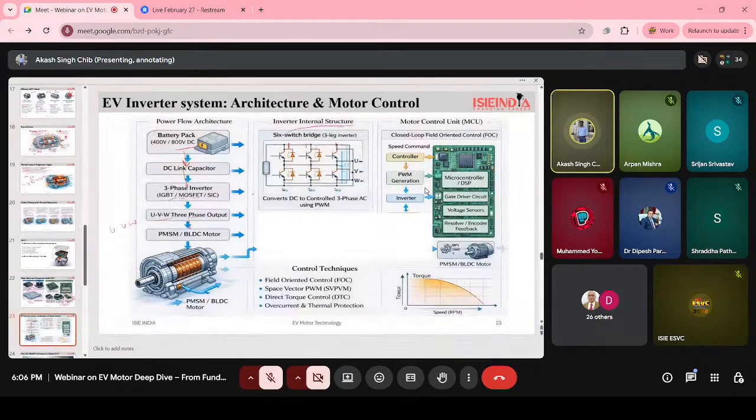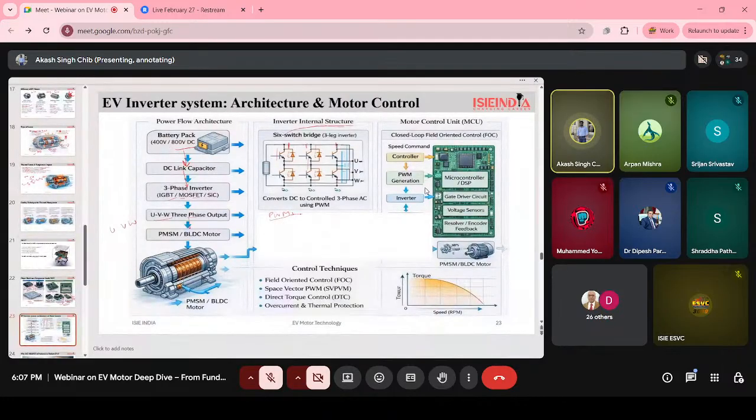Each leg controls one phase, and the switching devices turn on and off rapidly, using PWM, pulse width modulation.